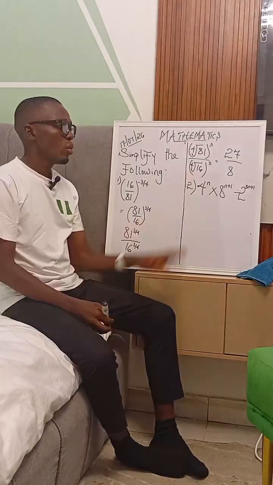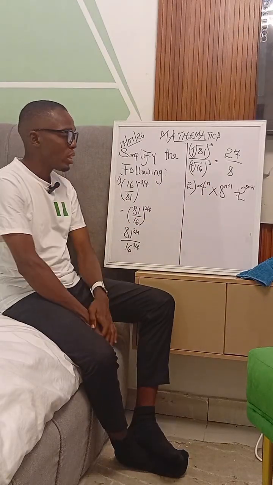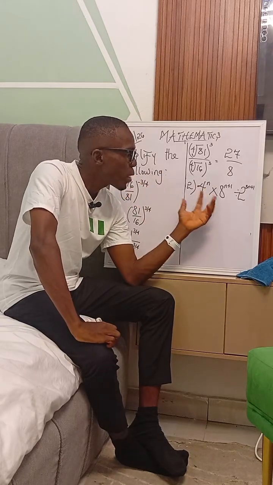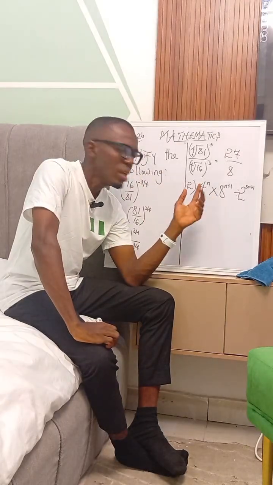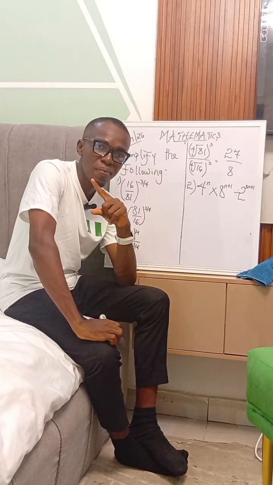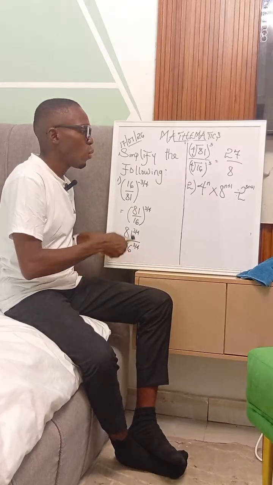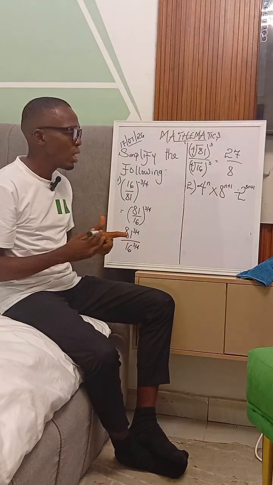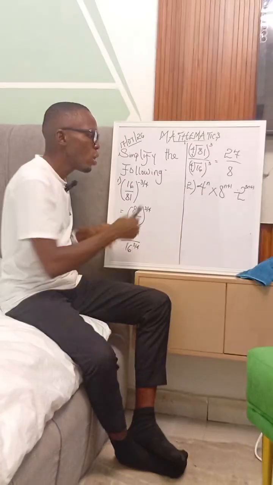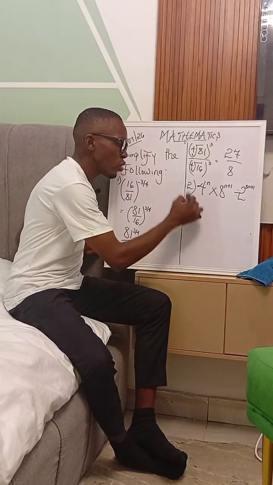Then number 2. Now when you look at the second question, how do we go about this? One, we can apply the multiplication law here. But we cannot start applying the multiplication law, because in the multiplication law, their bases must be equal. So what I have to do is express 4 and 8 in base 2. 4 can be written as 2 power 2.